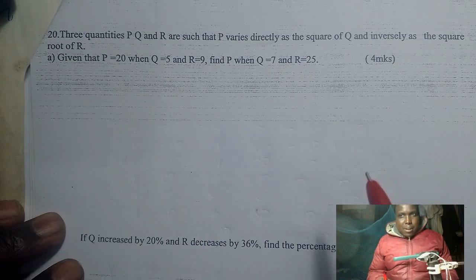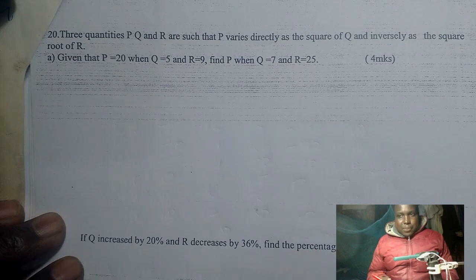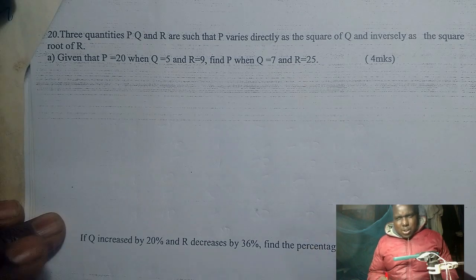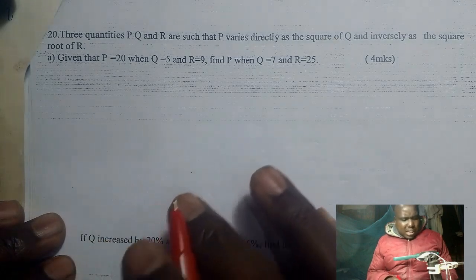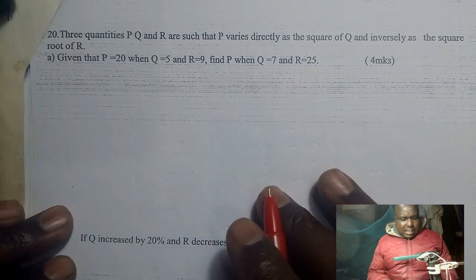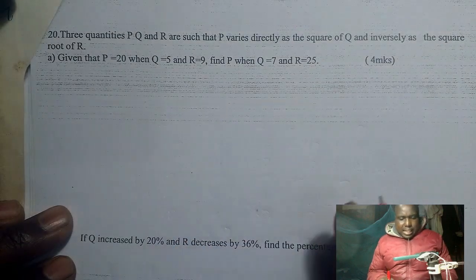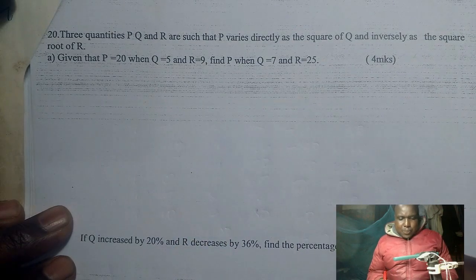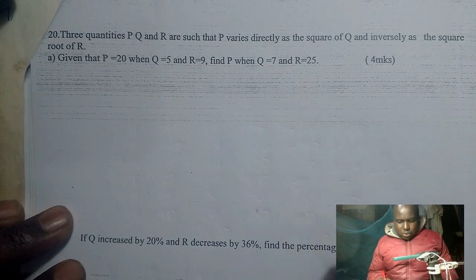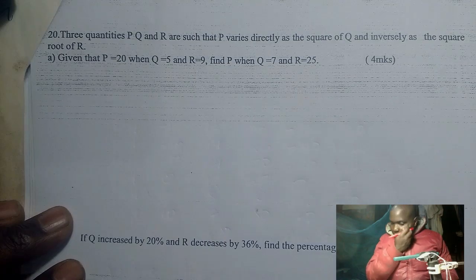We have partial variation, we have direct variation, and we have indirect, which we call inverse variation. So you need to see which one is which. Is this direct, combined direct and inverse, or partial? So you need to know all of this.